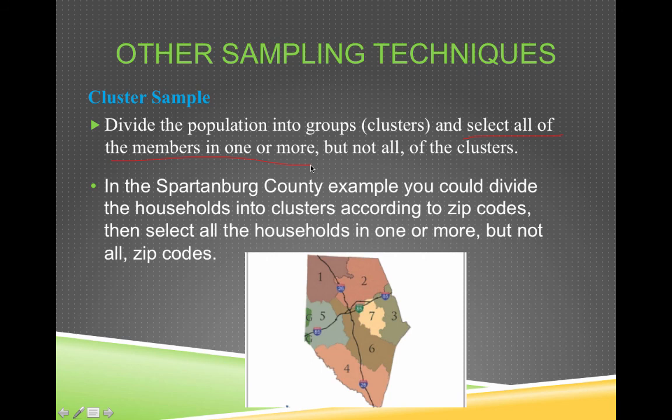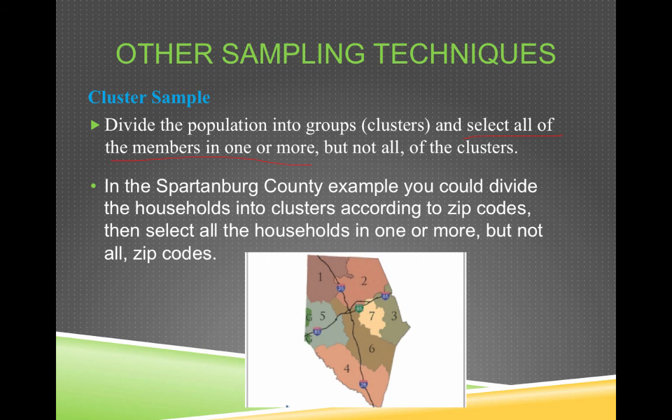In the Spartanburg County example, we could divide the households into clusters according to zip codes. Then select all of the households in one or more, but not all, of the zip codes. All right, so again, we could take Spartanburg County, cluster them by zip code, and then choose all of the houses, let's say in Boiling Springs and Roebuck, but ignoring the other zip codes.